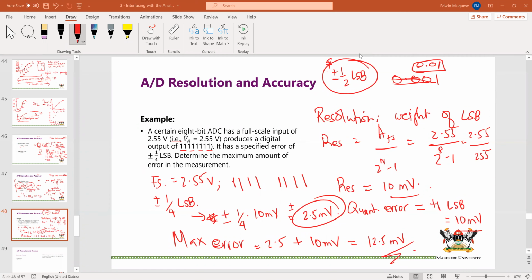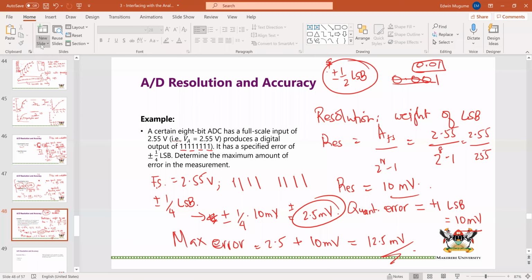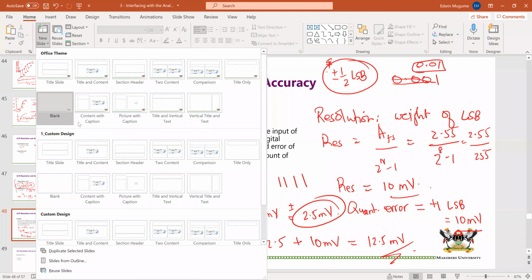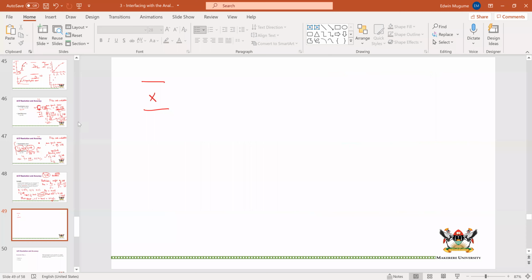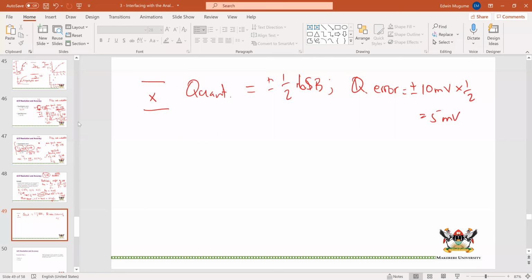Now, let me just also mention that if we had taken the other approach, where our approximation is in the middle, so our quantization error is plus or minus a half millivolt LSB, then our quantization error becomes plus or minus 10 millivolts times a half, which is 5 millivolts.